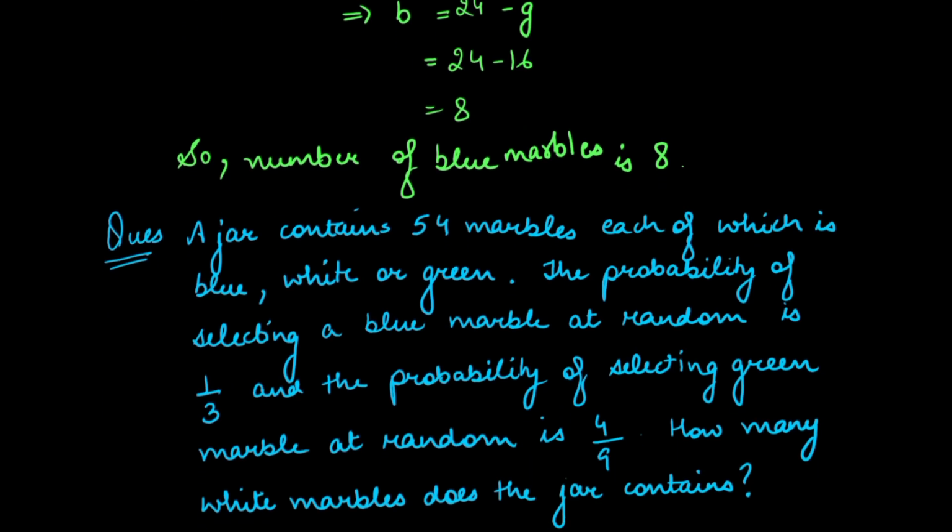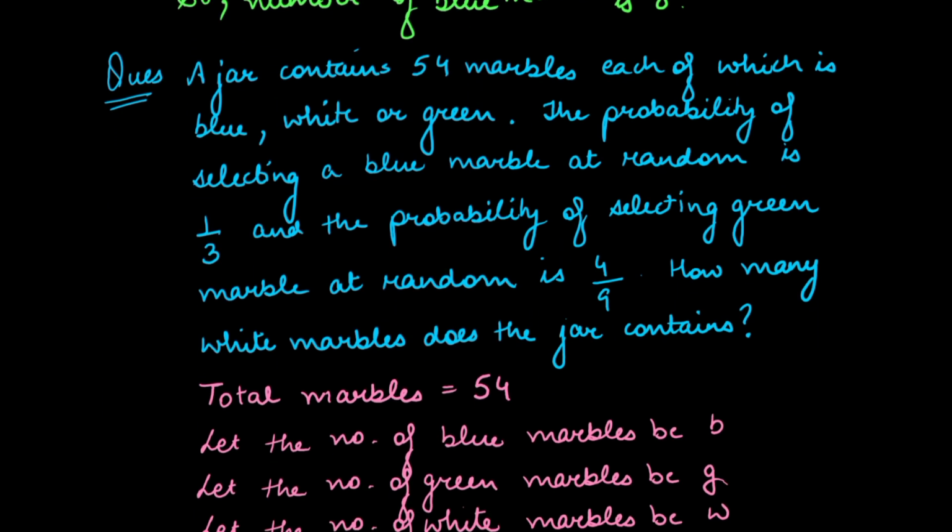Okay, now the next question is, a jar contains 54 marbles, each of which is blue, white or green. So there are 54 marbles which are divided into blue, white and green color. The probability of selecting a blue marble at random is 1 by 3.